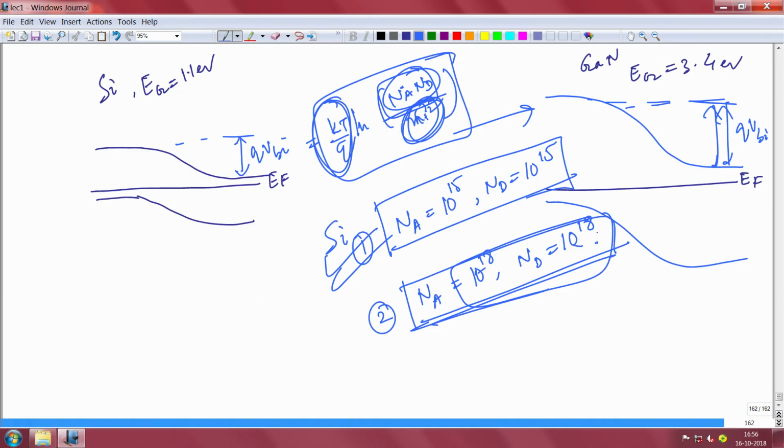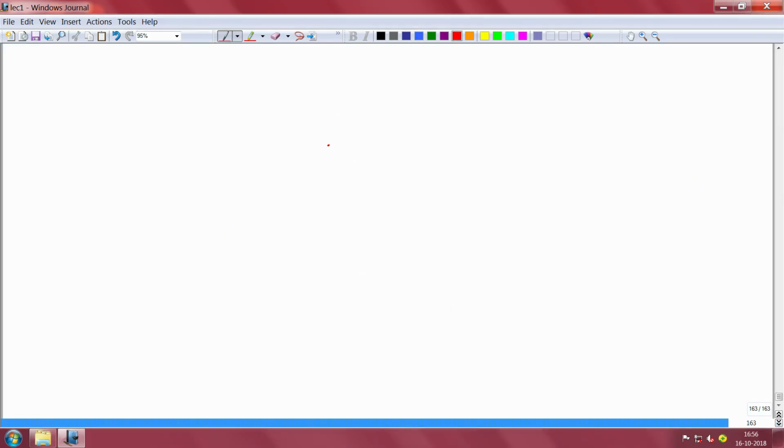Now what is the largest built-in potential one can have? The largest built-in potential one can have is the band gap of the semiconductor. So no matter how high you dope, you cannot exceed the band gap, because if you look at the band diagram of the p-n junction again, this is your Fermi level, this is your conduction band, and this is your valence band.